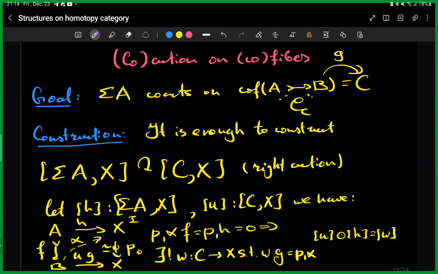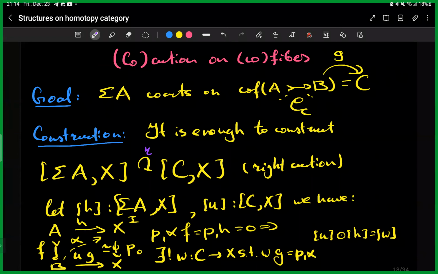So to see that we actually have such a coaction, it is enough to construct a right action. Right now, it looks more like a left action, but I hope that this letter R will convince everybody that that's the right action.